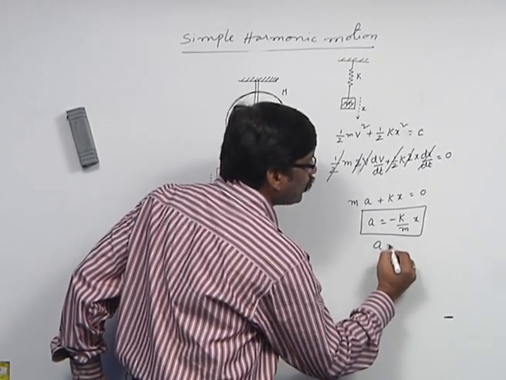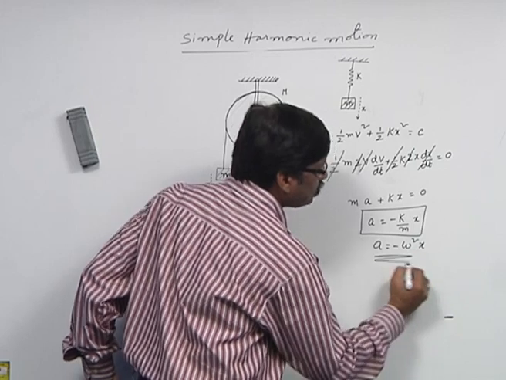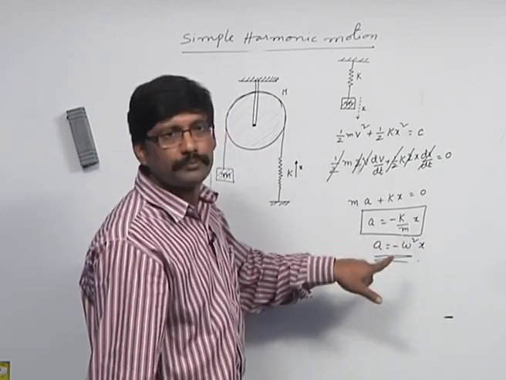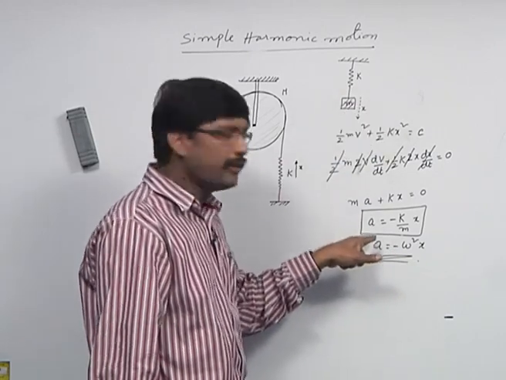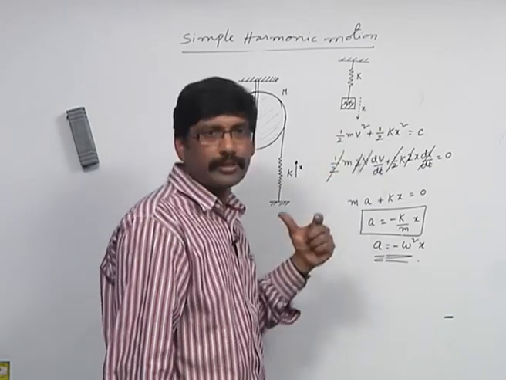So, a is equal to minus omega square x, where omega is root of k by m. So, this is another way to find the frequency of oscillation by using the energy method.